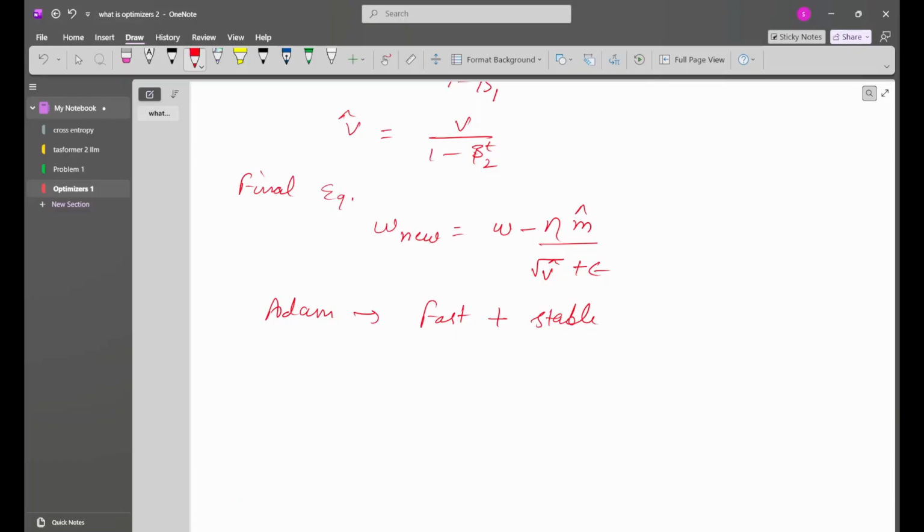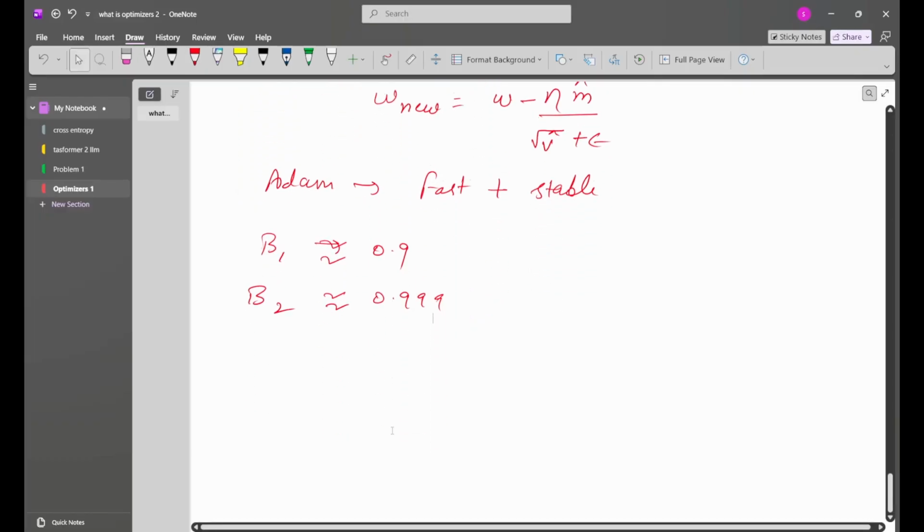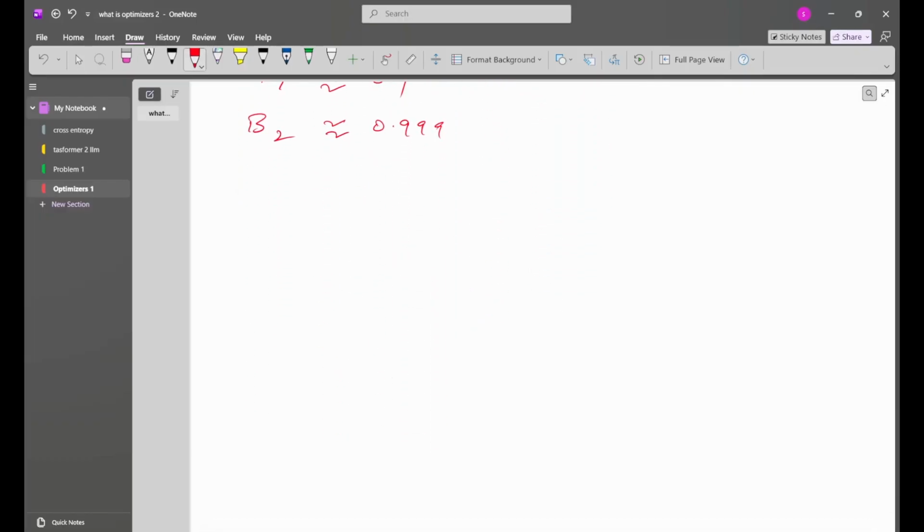The beta 1 and beta 2 values: beta 1 is approximately 0.9. Similarly, beta 2 in the second moment is approximately 0.999. So what is the problem? Why do we need to take bias correction? Let's understand this very simply.